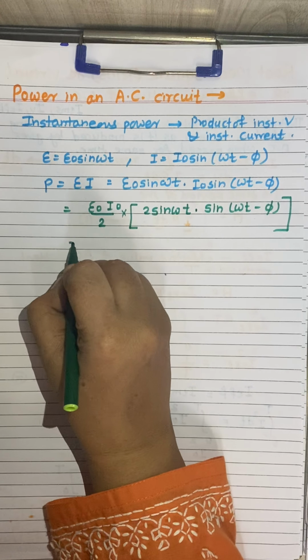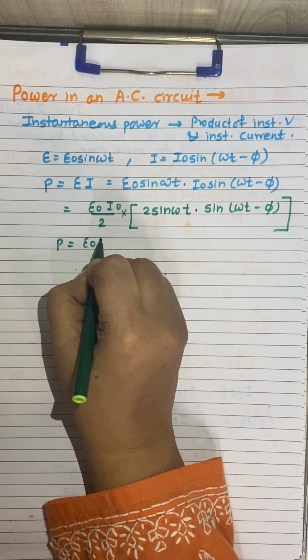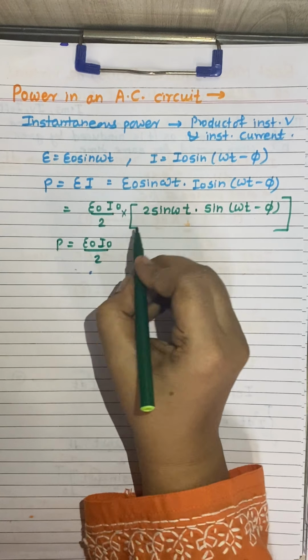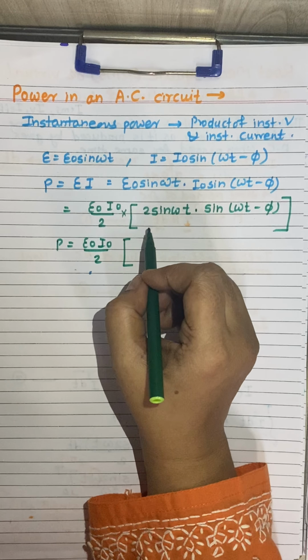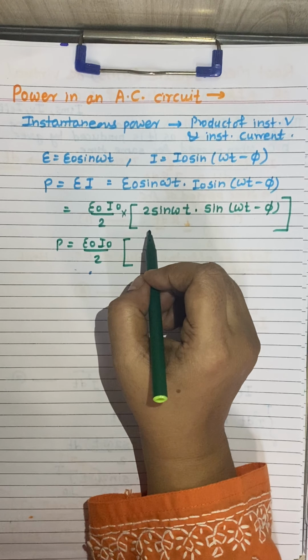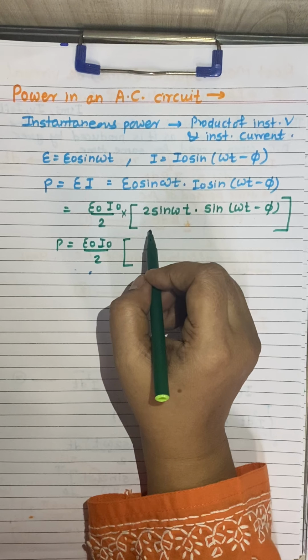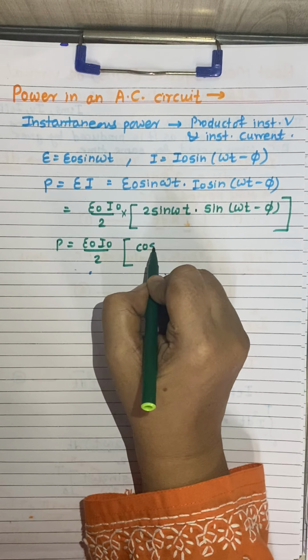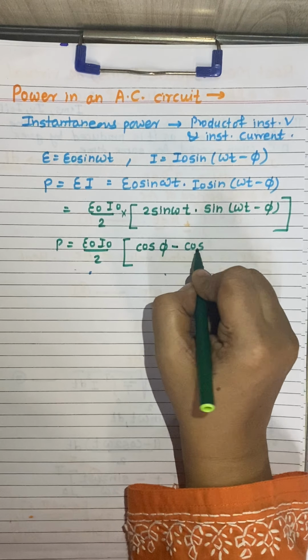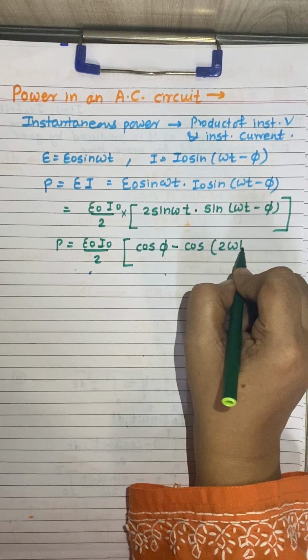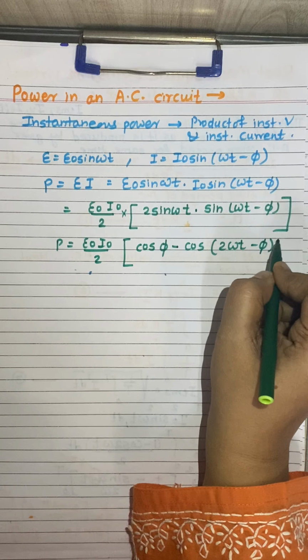So we have P is equal to E naught I naught by 2 times the bracket. Now we convert this 2 sine omega t sine omega t minus phi using a formula, and it becomes cos of phi minus cos of 2 omega t minus phi.